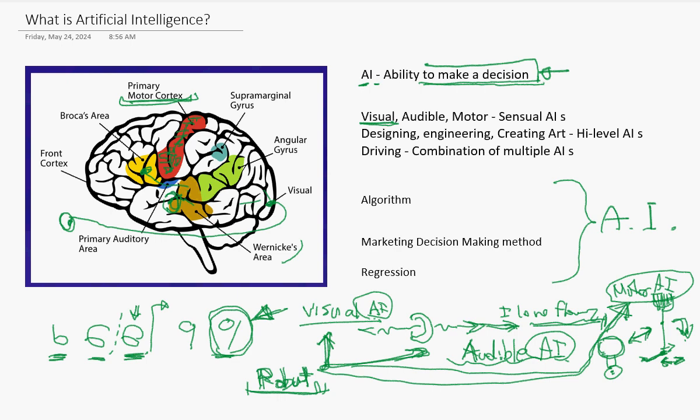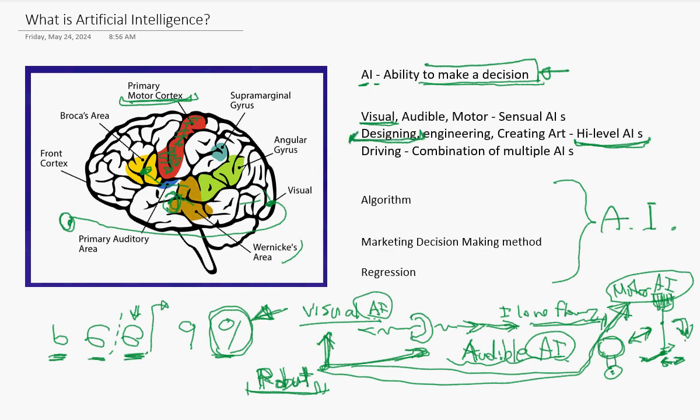But what else can you do? AI is even more. There are high-level AIs. For example, a robot can listen, a robot can recognize visually, and a robot can move, but a robot cannot design anything. Design a bridge. How do you do that?